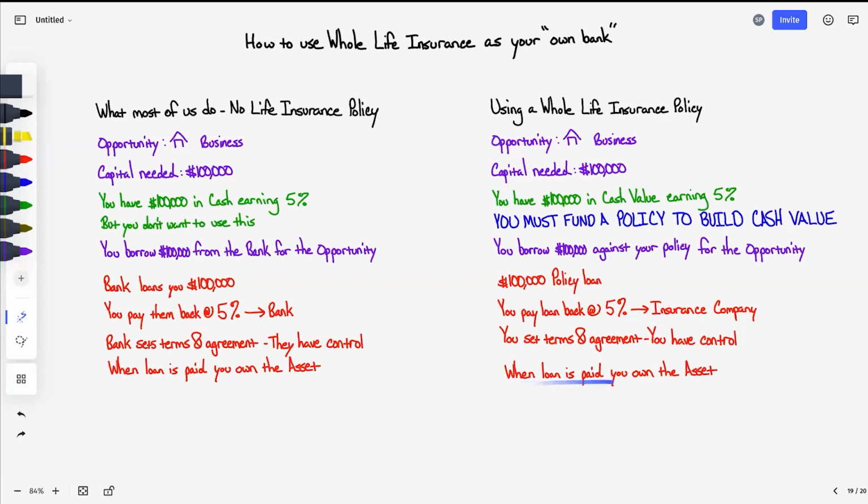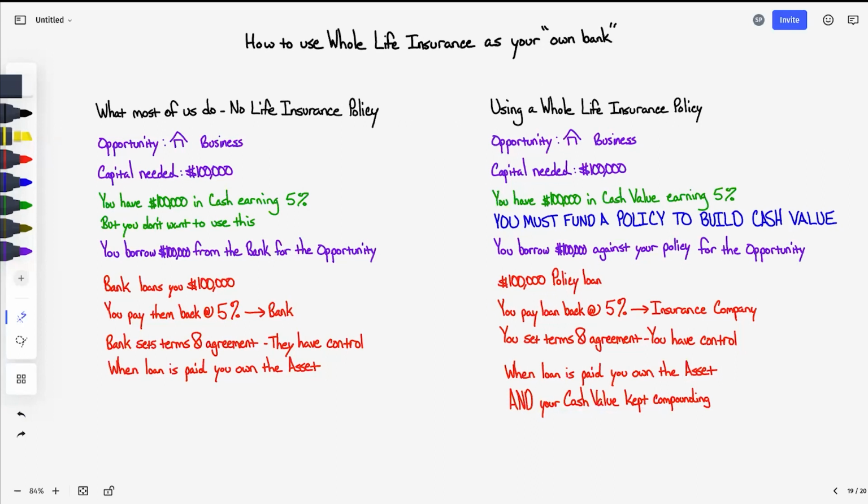So when the loan is repaid, you own the asset. You actually own it before that, because when you purchase that real estate or invest in your business, whatever it is, at that time you own the asset because the policy is yours. But here's the big thing. And your cash value kept compounding the whole time.